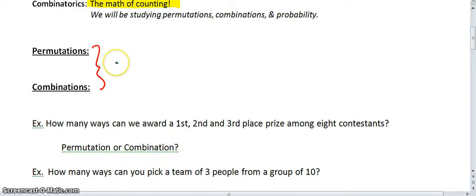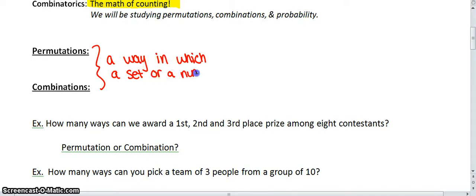Now, more specifically, if you Google it, you'll see the definition is a way in which a set or a number of things can be ordered or arranged. So a permutation and combination is a way to count how many different ways a set of things can be arranged.